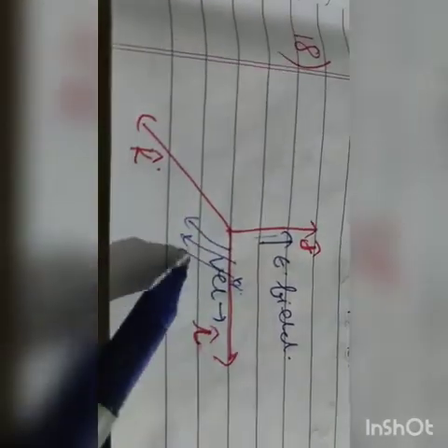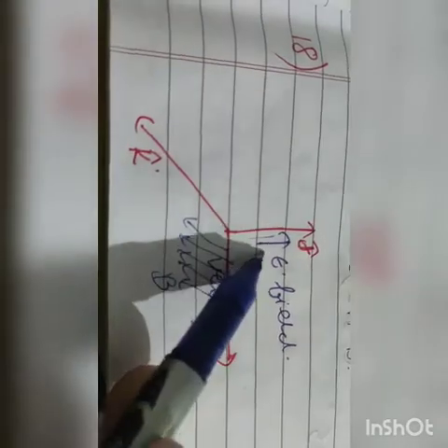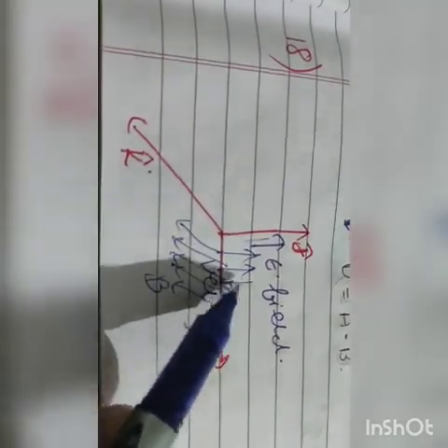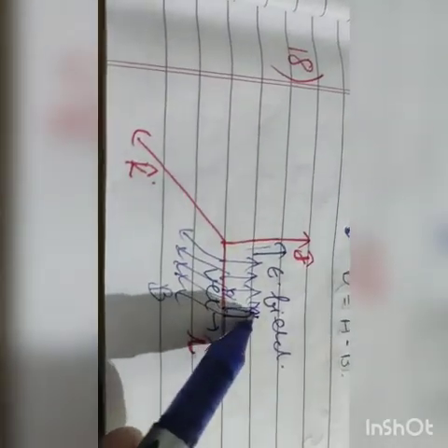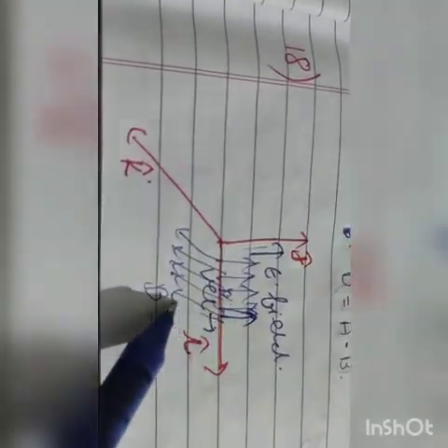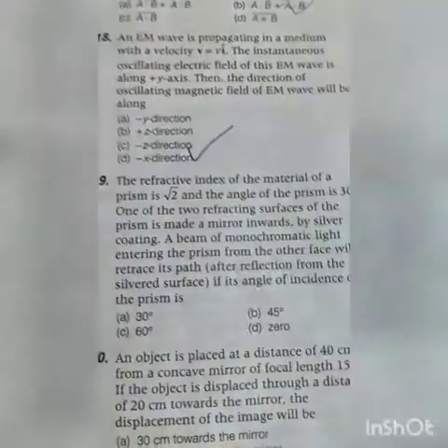We had studied this. B direction was here, E direction was on the upper side. We had just done this in the chapter electromagnetic waves. So it is clearly given that B direction is here, that is plus Z side. It is C here, plus Z direction is given as an option.